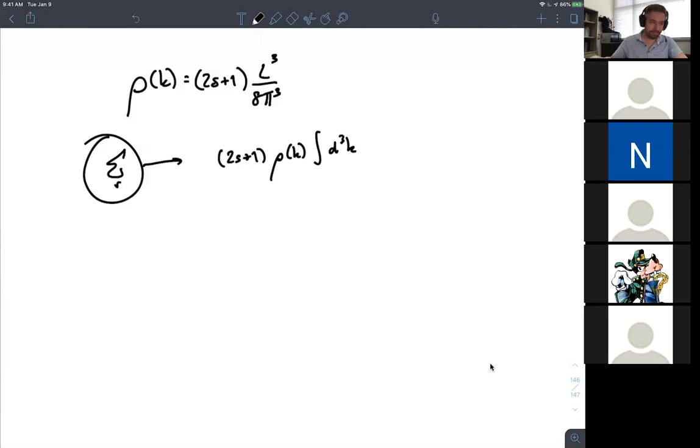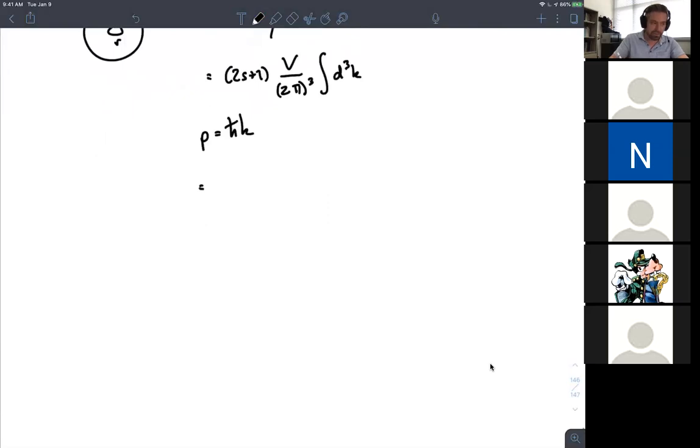And rho of k, as we said before, is V over 2 pi cubed d cubed k.